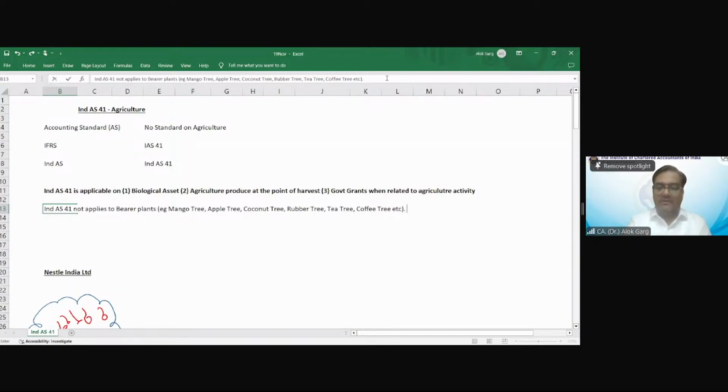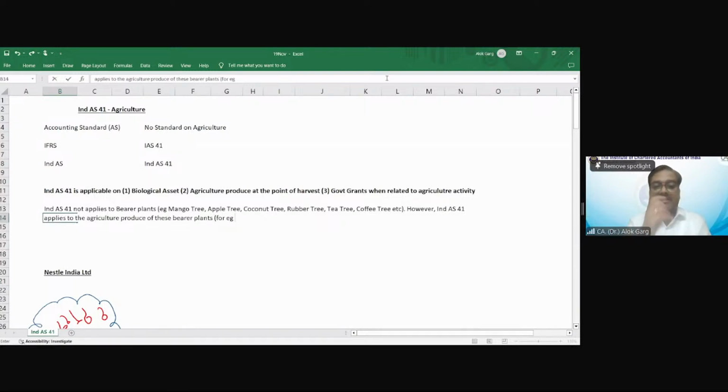However, Ind AS 41 applies to the agriculture produce of these bearer plants. For example, what is the example?